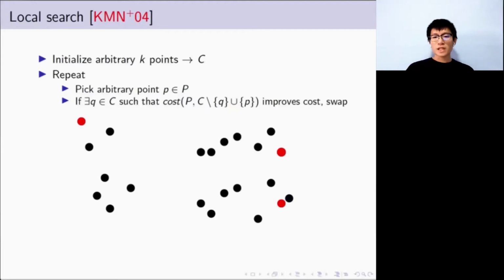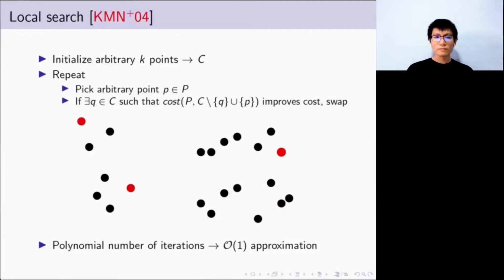And then let's say we pick another arbitrary point, say this blue point here. And we see that if we swap this red point over here with this blue point, so we remove this red point from the set C and we add this blue point to set C, so now our new candidate centers are these 3 red points, then the cost will improve. So we will actually do the swap.